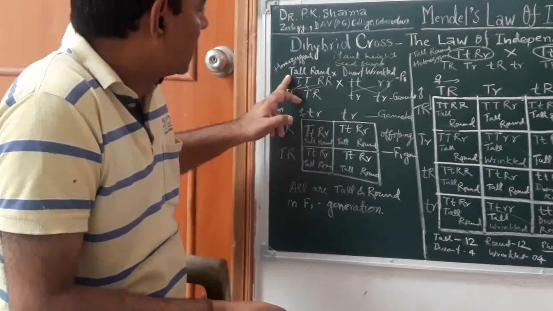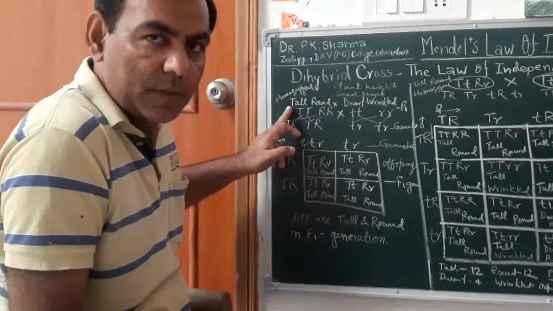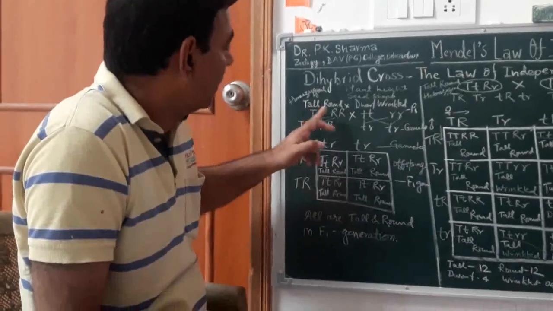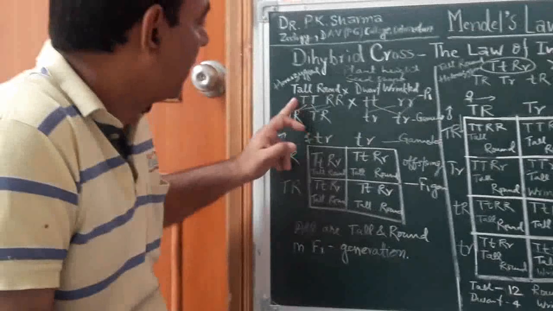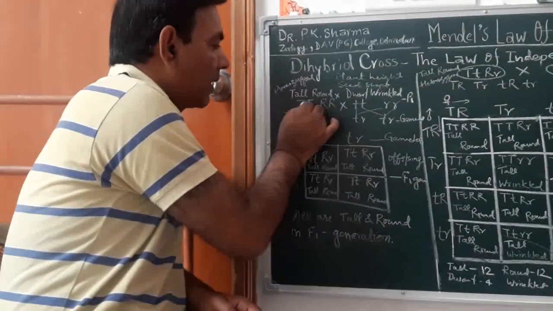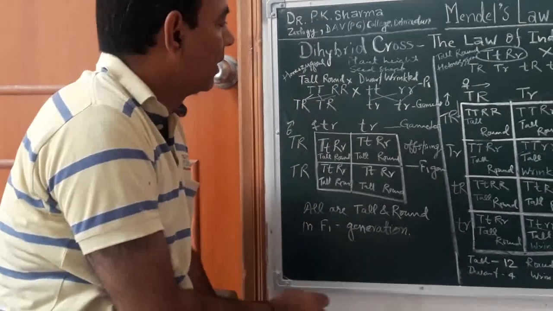The phenotypic expression, which we can see easily morphologically or with the naked eye, is tall, round. This is the phenotypic expression, and their genotypic expression will be capital T for tall, and capital R for round.